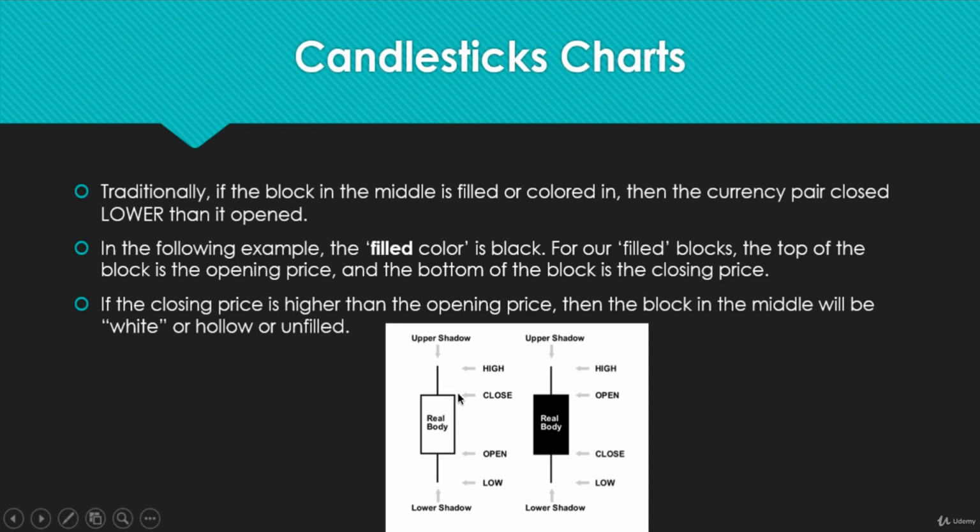Because we also use green and red, I will explain it more. If it is green, over here is going to be the open and here the close. If it is red, over here is going to be the open and over here is the close. I think that is very easy.